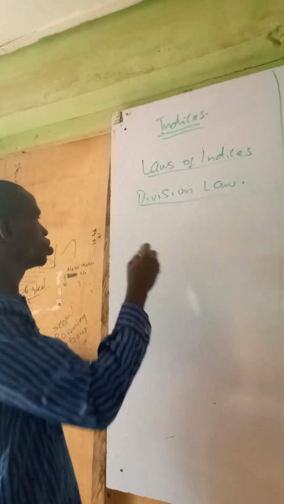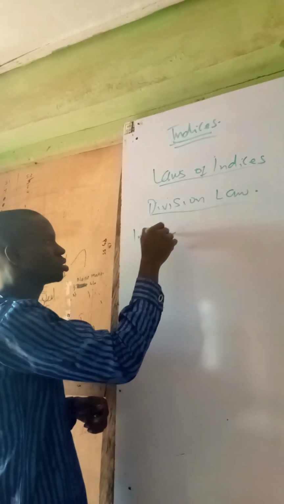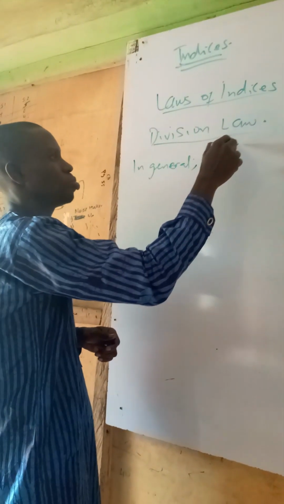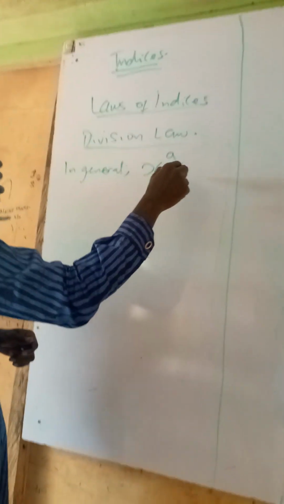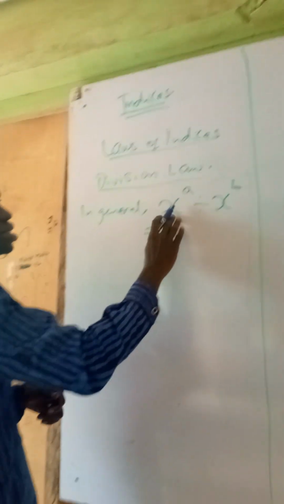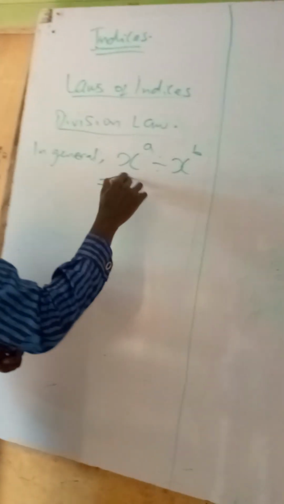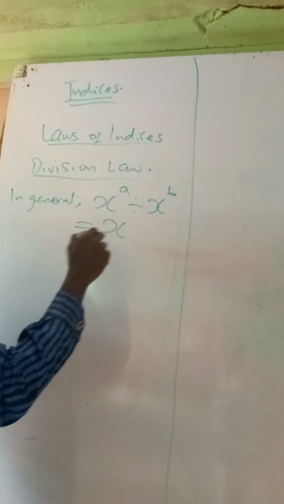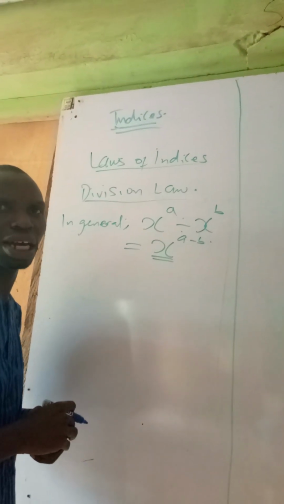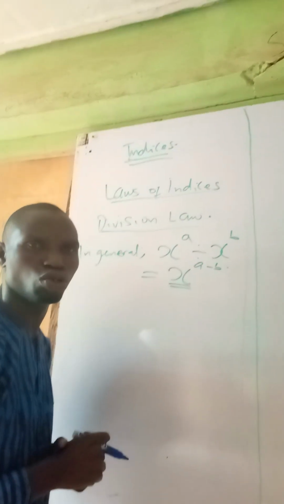In general, the law says that when you have x raised to power a divided by x raised to power b, since the bases are the same, x and x, we pick one of the bases, which is x, and we subtract the powers: a minus b. This is the solution. Now let's take one or two examples.